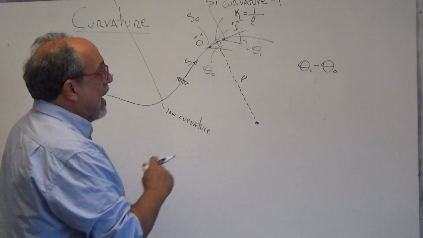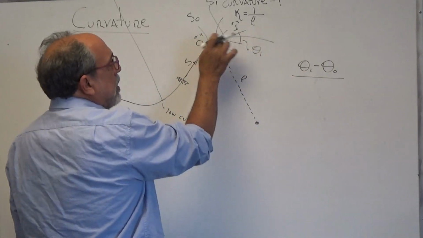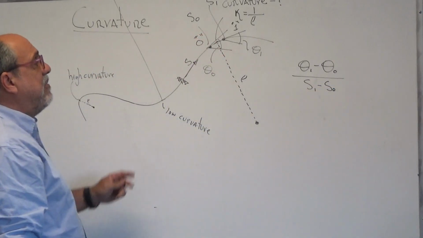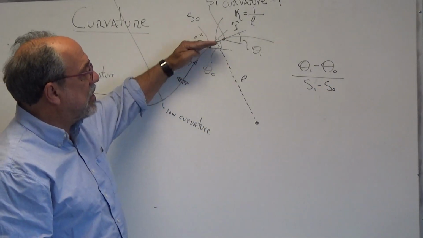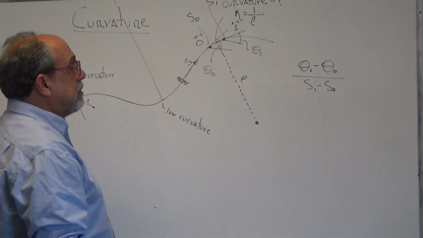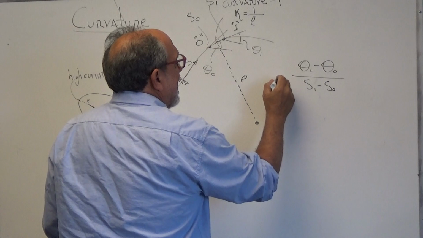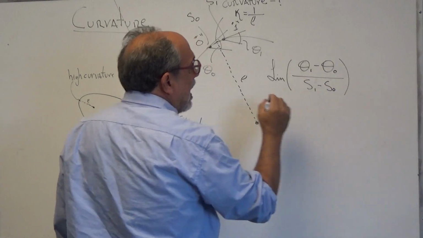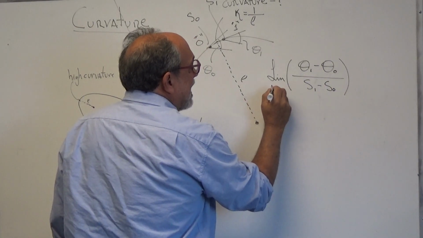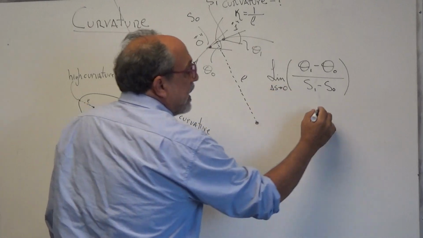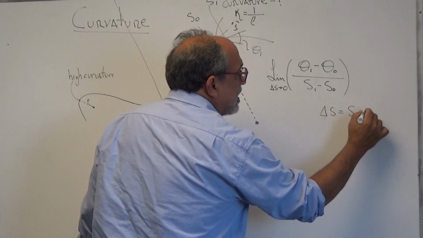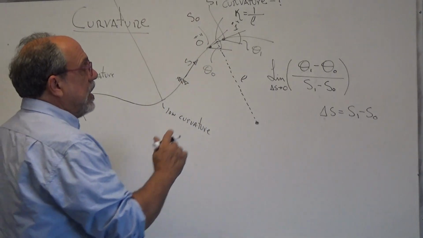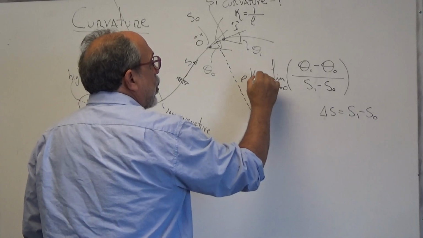Then, if I take theta 1 minus theta 0, that's how much the angle of the tangent rotated between these 2 points. And if I divide how much the tangent rotated by the distance between the 2 points, I just have the average rate at which the angle changes, right? Now, if I take the limit of that quantity as delta S goes to 0, where delta S is simply S1 minus S0, that is, if I make the 2 points closer and closer, then by definition I get the curvature.